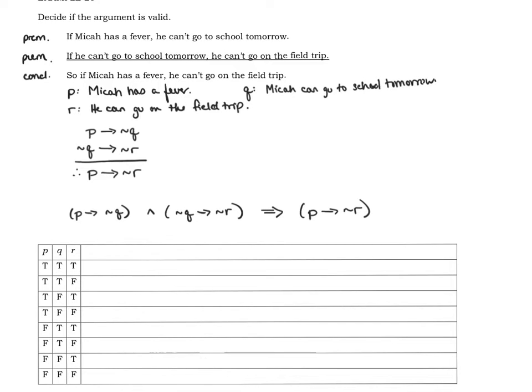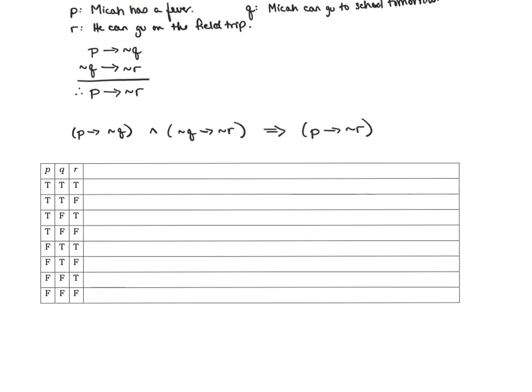Notice a lot of what we have happening, honestly, is a whole bunch of nots. We need not Q's and we need not R's, and so one of the first things I'm going to do is fill in a not Q and a not R column, because we're going to use those a lot. So not Q, not R.